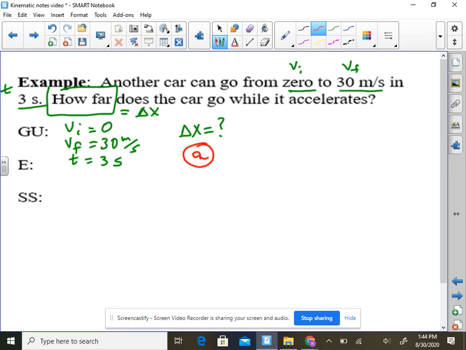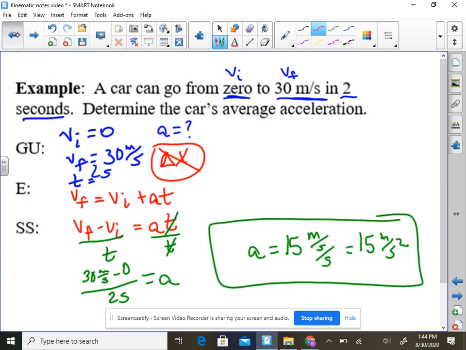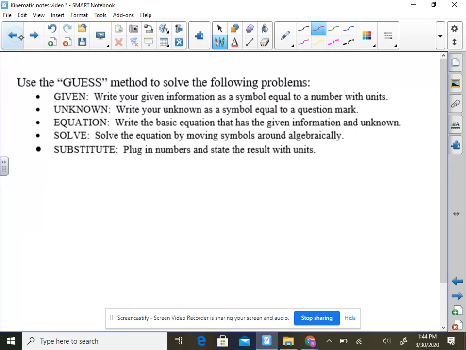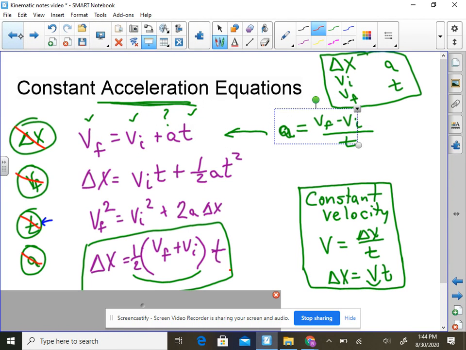And so if we go back to the equations, which equation doesn't care about acceleration? If we go down here to this last equation, I don't have acceleration in this equation anywhere. I don't care about it. So this is the equation that I want to use. I can find out the displacement when I know the final and initial velocity and how long.